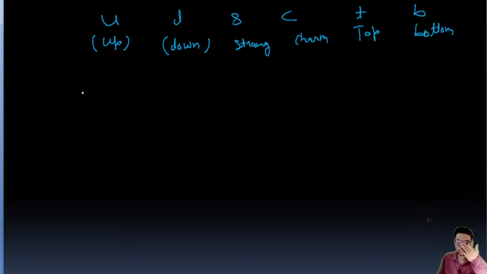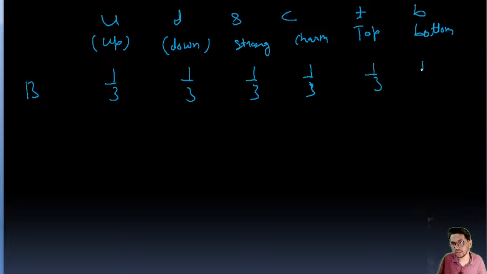Now first we are going to find the baryon number. The baryon number for up is 1/3, down 1/3, and 1/3 for each of the others.